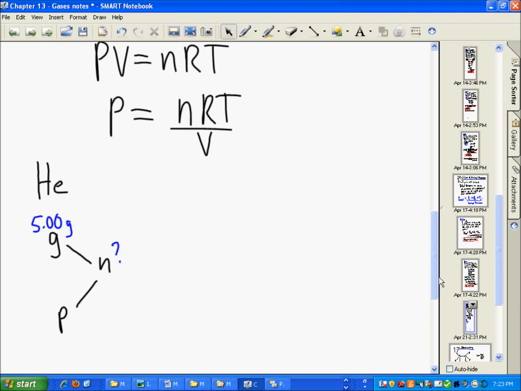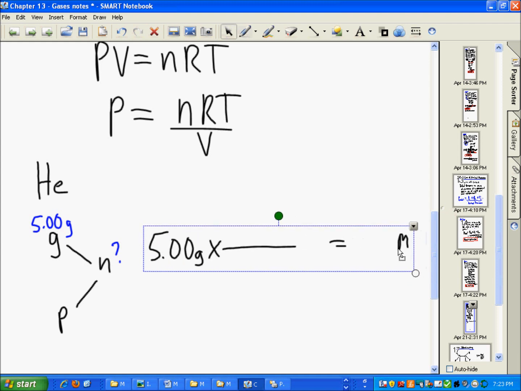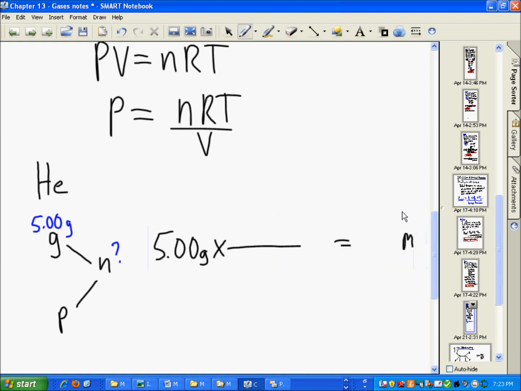How many steps in that? Just one. So 5.00 grams times a line, and we want moles. Oops, didn't leave myself enough room here. And we need grams in the bottom, we need moles on top.